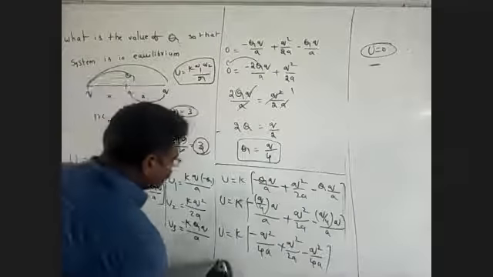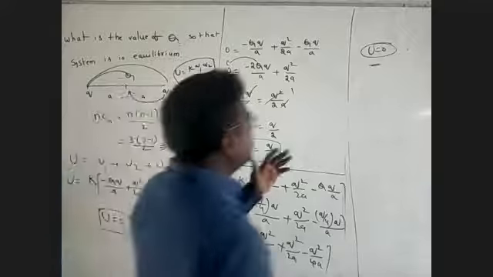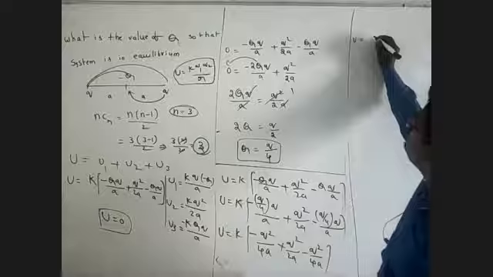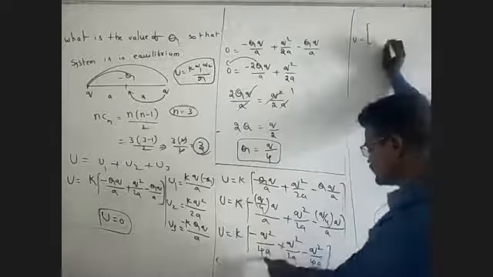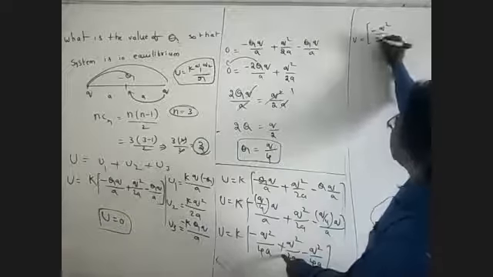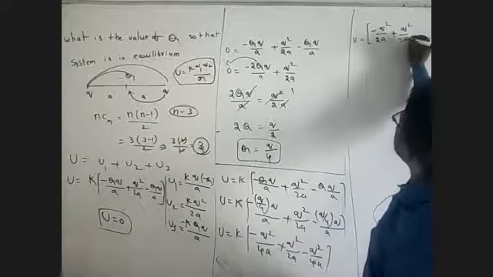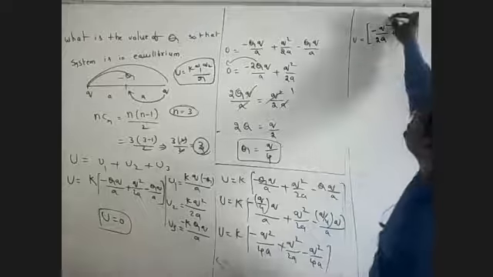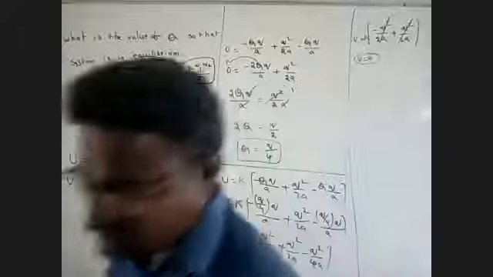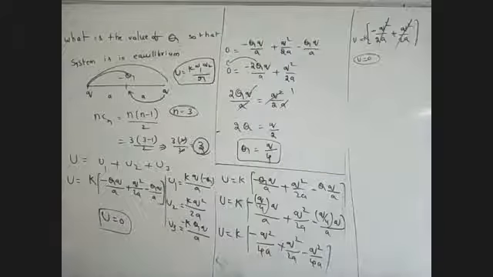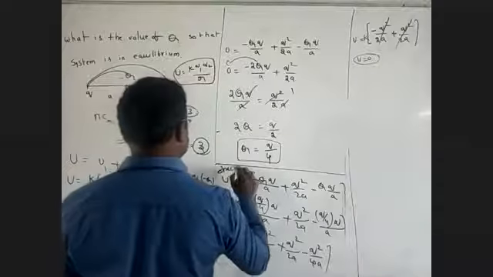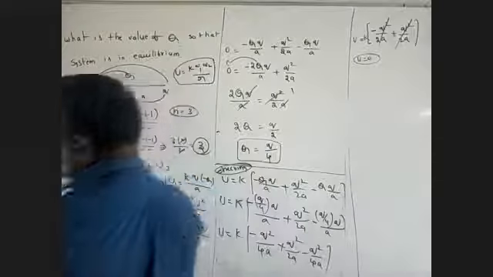Now writing upside, U is equal to K times minus q square by 2a plus q square by 2a, which gives U equal to 0. So U is equal to 0, our answer is correct and the system is in equilibrium. Otherwise not. This is the checking of the answer.